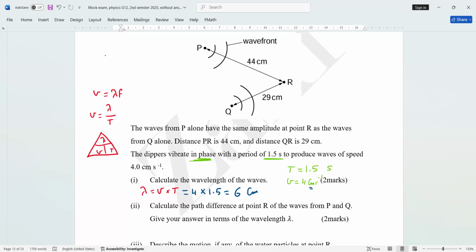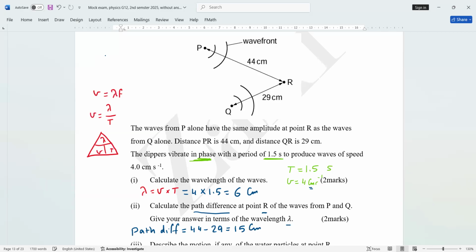Calculate the path difference at the point R. Give your answer in terms of lambda. Now, what is the path difference? Okay, here, path difference equals 44 minus 29, which equals 15 centimeter.